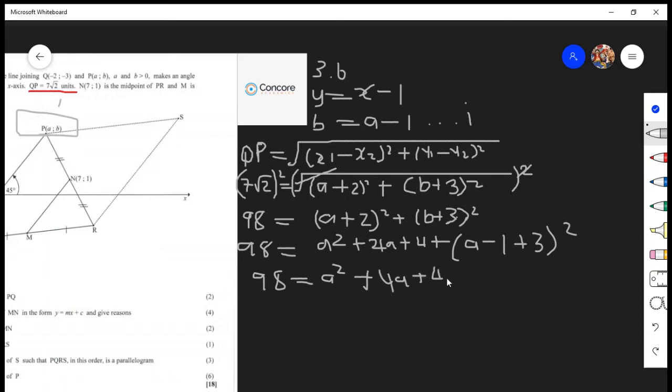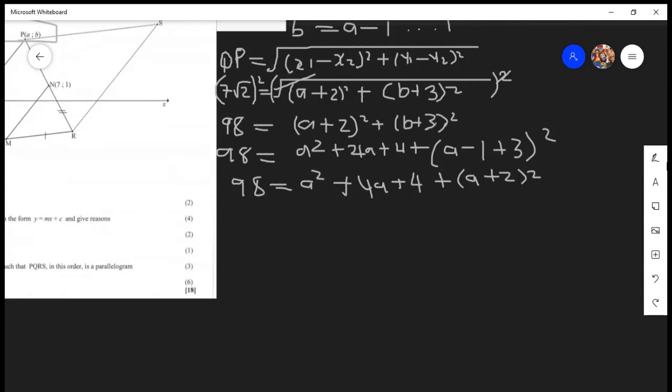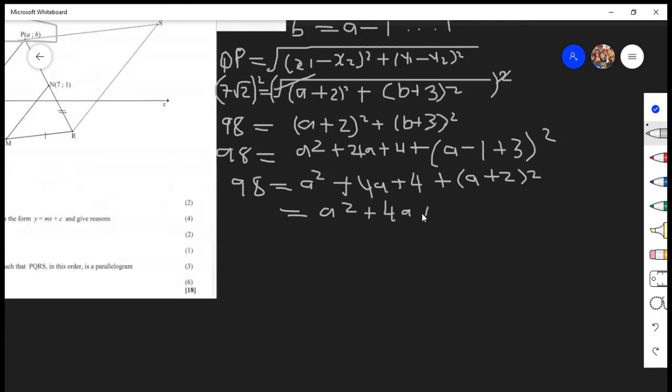Okay, we then have 98 is equal to a squared plus 4a plus 4 plus a plus 2, right? And from our previous calculation, we know that a plus 2 squared is equal to a squared plus 4a plus 4, plus a squared plus 4a plus 4, which is equal to 98. Now we can take all our terms to one side and add them up. So we can have 0 is equal to, now like terms, right?